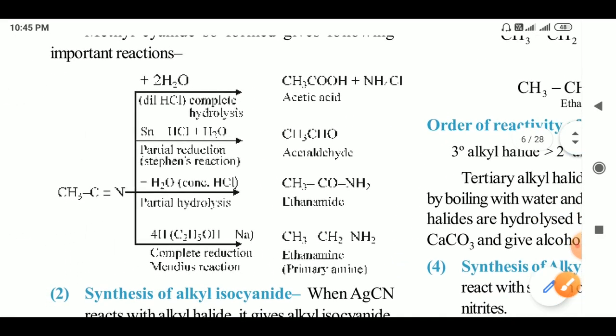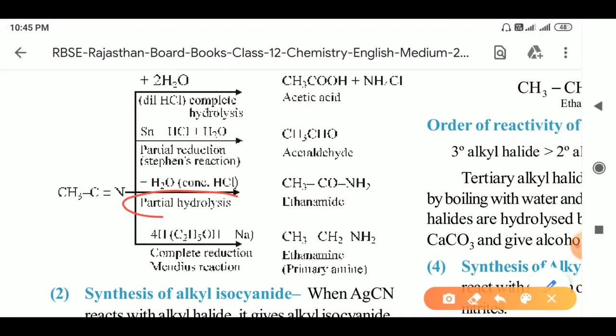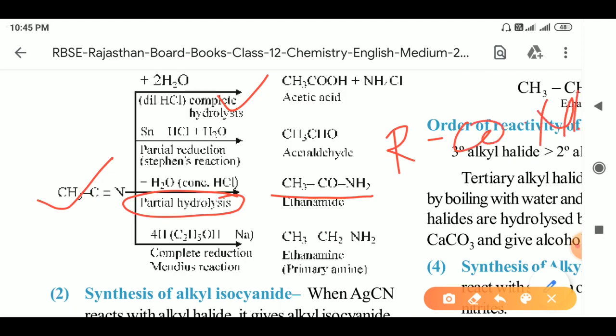In partial hydrolysis the amount of water is not very large. After the partial hydrolysis of methyl cyanide, it gives an amide, CH3CONH2. These are amides, RCONH2, where the CONH2 group is known as amide.